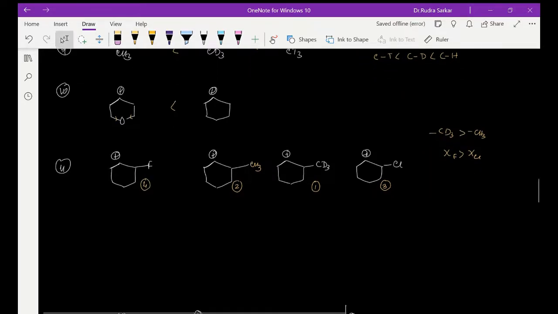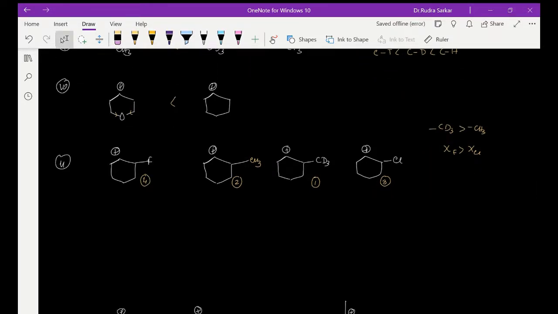So the decreasing order of carbocation stability will be 1, followed by 2, followed by 3, and followed by 4. That should be the decreasing stability order. Next.